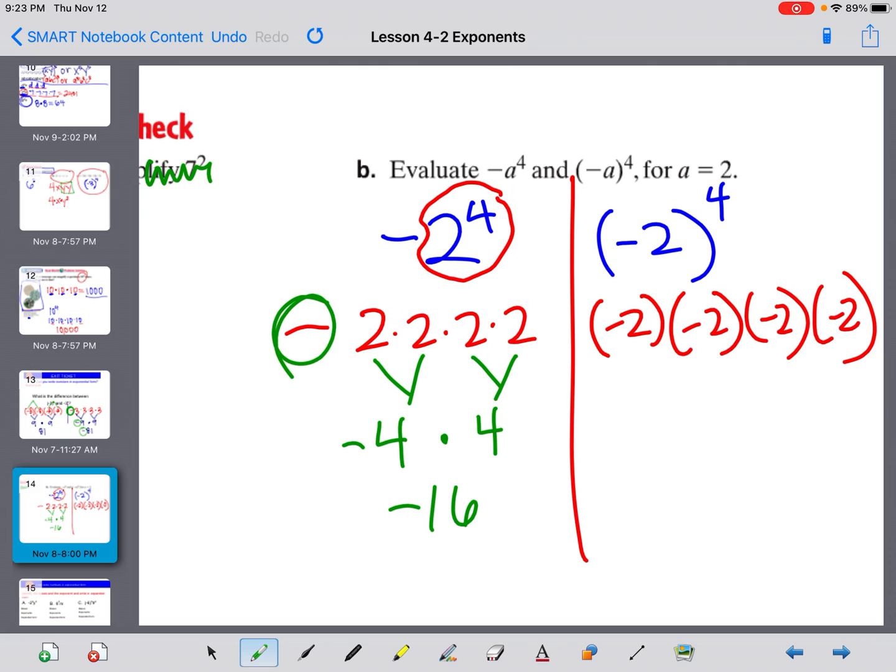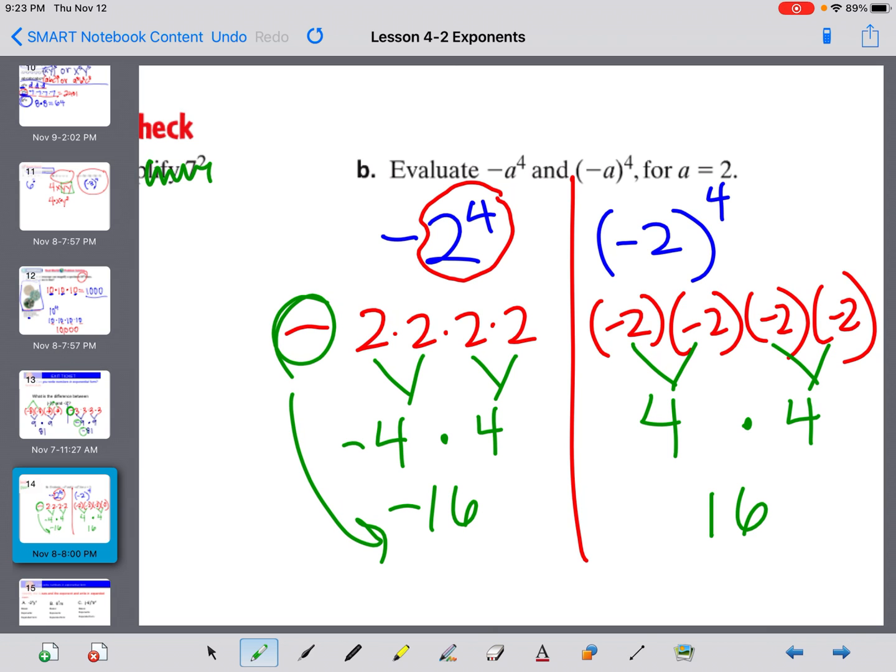Some people are catching on. This negative in the front carries all the way down to the answer. Over here, an even amount of negatives. No negatives left.